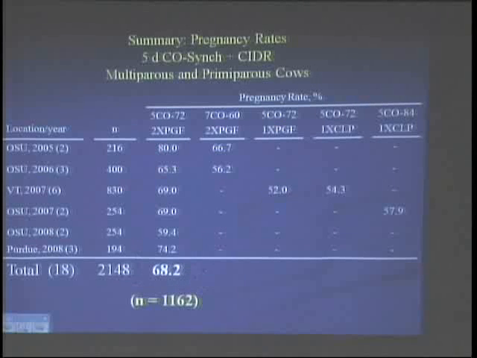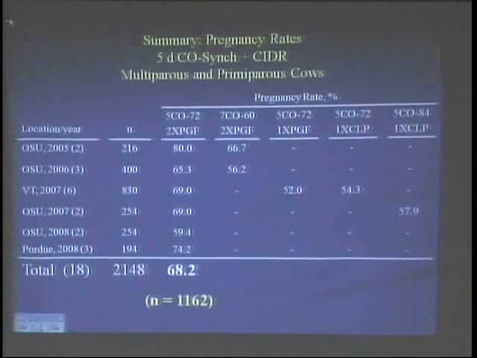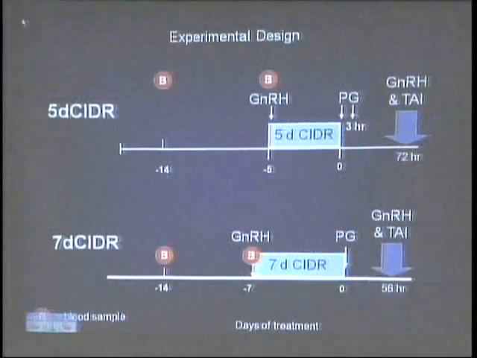You see the overall average there, 68%. They made various comparisons along the line. Here's where they did try and use 1 injection of prostaglandin. Notice they had a tremendous drop-off in pregnancy rate when they tried to get by with 1 injection of prostaglandin. Just not going to work in that protocol. But they did have some excellent pregnancy rates.